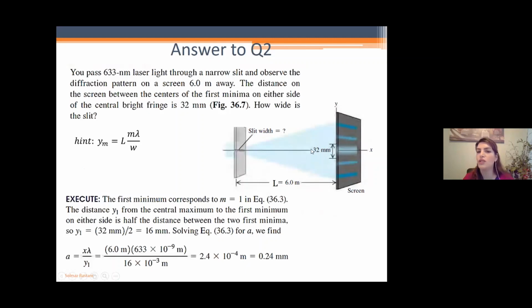So you need to divide this by 2 to get y for this equation. So here y is 16 millimeters, and then you need to convert the unit and plug into this equation, and you get 0.24 millimeters. So clap for those who answered C.